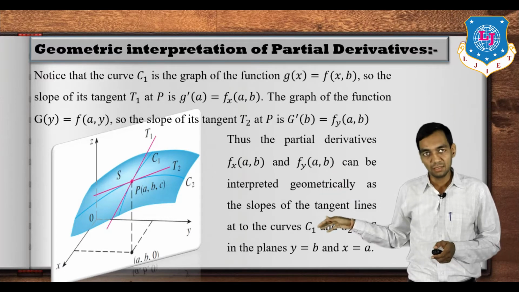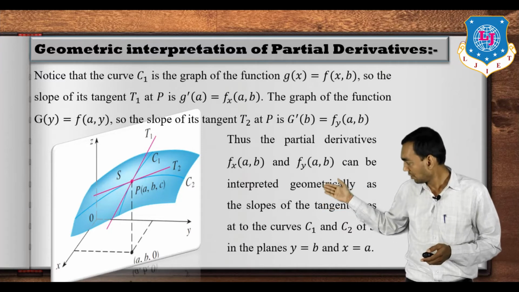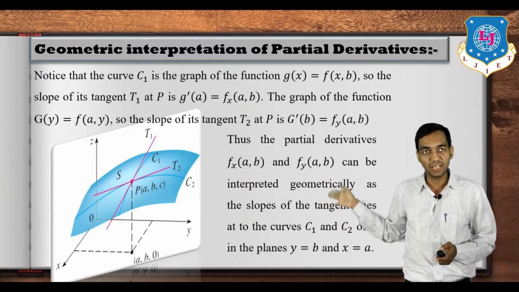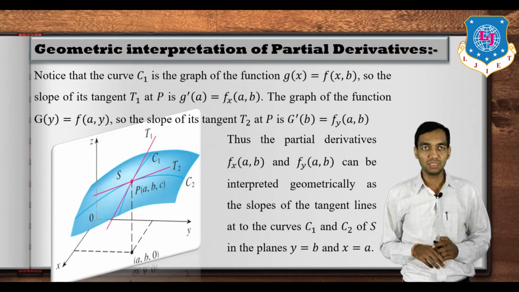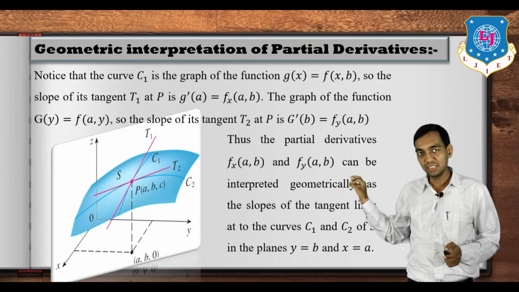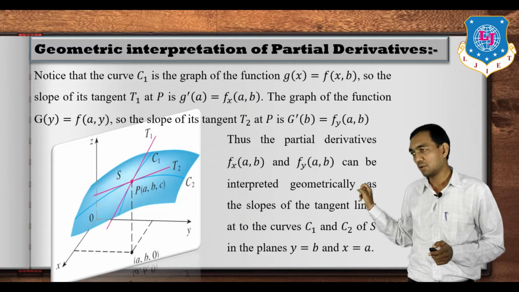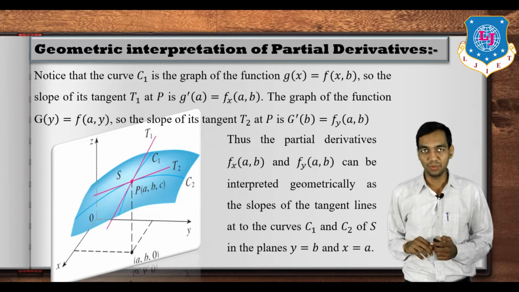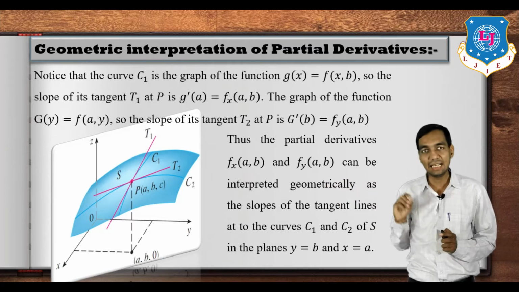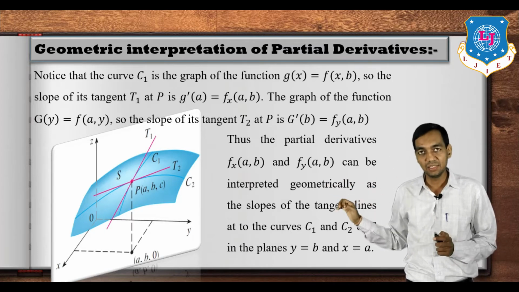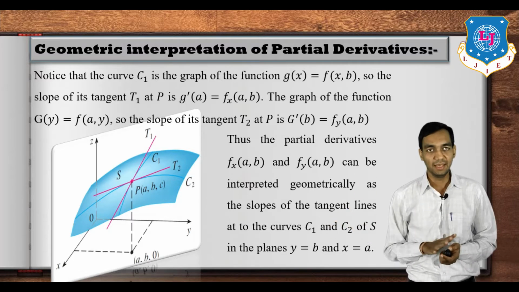Now using this C1 and C2, we are going to find the tangent in that plane. So for C1, suppose you have a function g of x is equal to f of x comma b, and you are finding the tangent at a point P a comma b comma c, where P is a point on z is equal to f of a comma b, that means c is equal to f of a comma b. If you find the tangent at that particular point, then that tangent is T1, and this T1 is nothing but the partial derivative with respect to x.